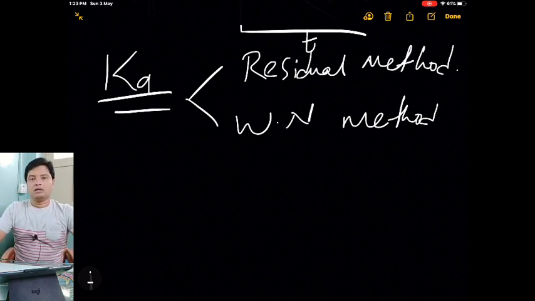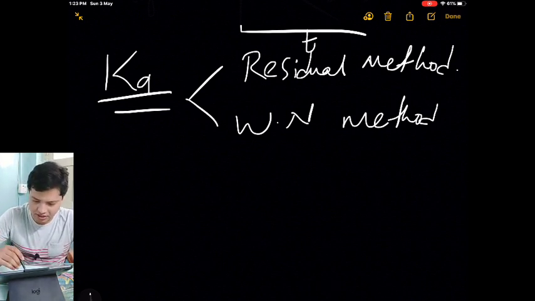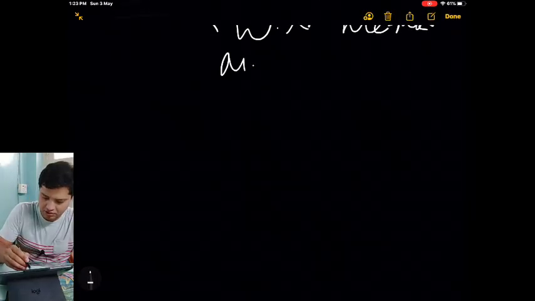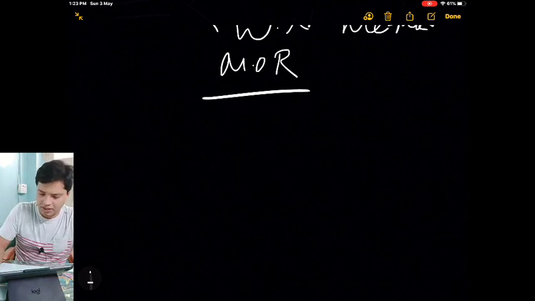So now we try to determine Ka through these two methods. First is the residual method, the method of residuals. So we'll see the method of residuals here.